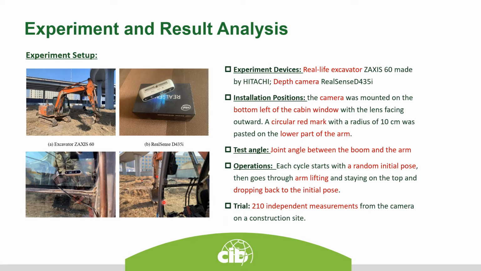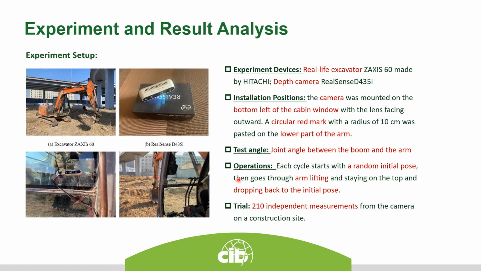Although the three pose angles can be computed simultaneously, we just select the angle between the boom and arm to evaluate. That's because this angle includes all the motion information and can represent the calculation based on the proposed method.